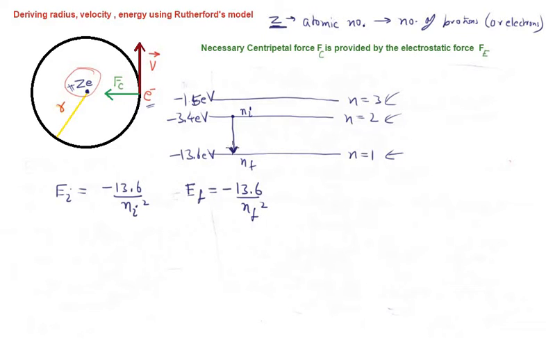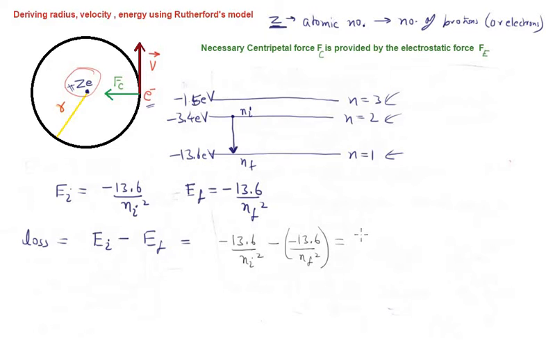Now because the electron loses energy, the loss in energy will be equal to E initial minus E final, which will be minus 13.6 by n initial square minus of minus 13.6 by n final square.